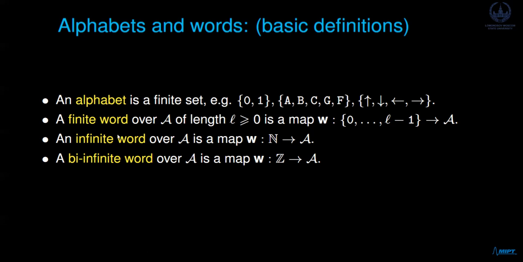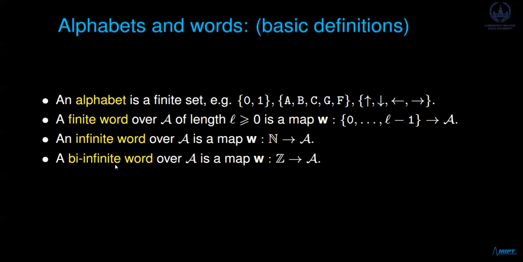Now, we extend this idea to infinite words. An infinite word over A is a map w from the natural numbers N to A. Here, the sequence of symbols doesn't stop. It goes on forever.